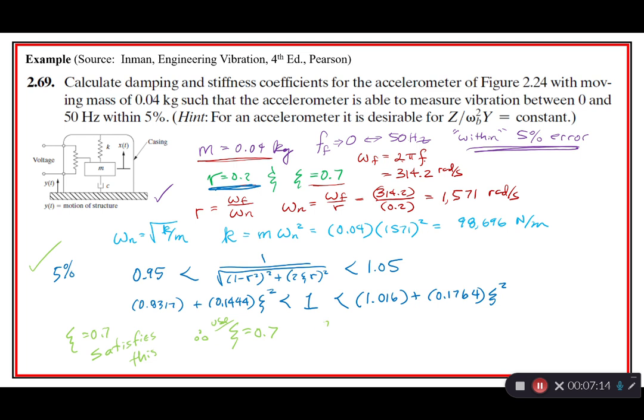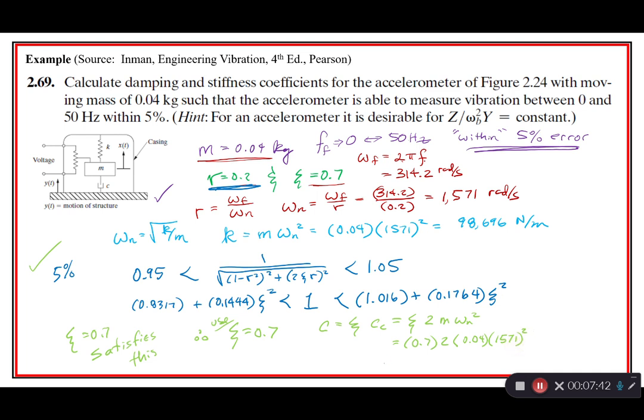So let's see. C is going to be equal to squiggle times Cc, which is squiggle times 2 m omega n. So we end up with 0.7 times 2 times the mass, 0.04, times the natural frequency, 1,571.